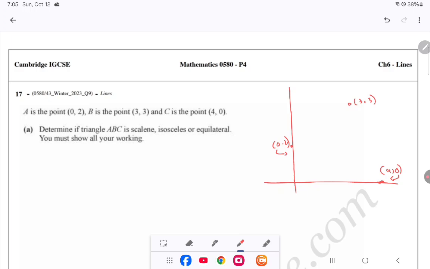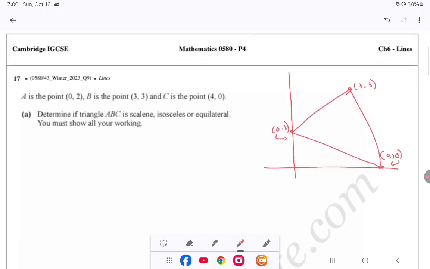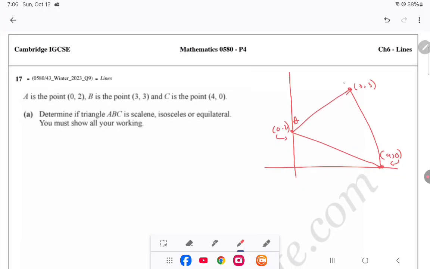Now join the points. Now we have to define the distance of AB. This is our A, this is our B, and this is our C.